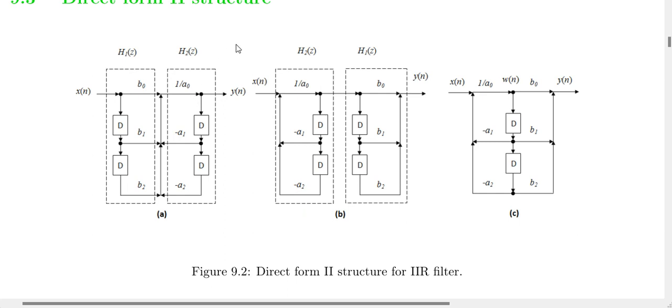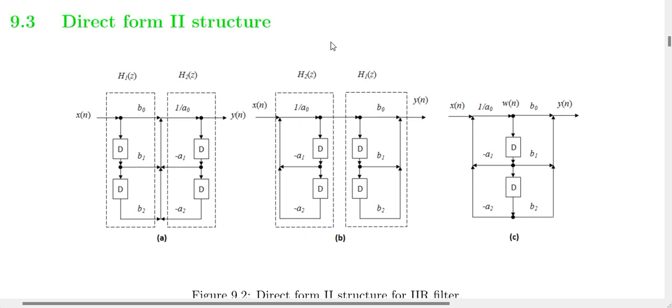Now, based on the property of LTI systems, we can swap the location of H2 with H1. So, we would like to have H2 appearing first and then H1. As the system is LTI, it's possible.